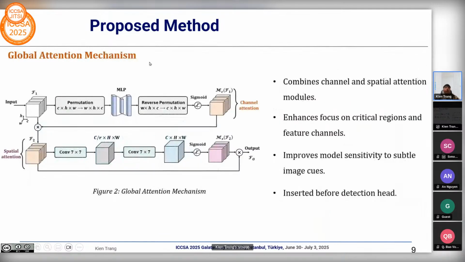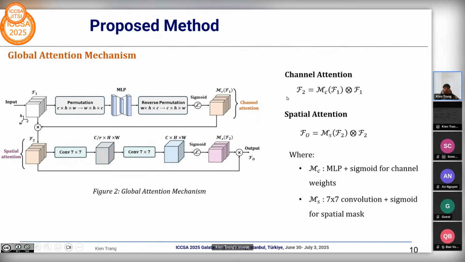And the global attention mechanism enables the model to prioritize the regions and channels that are likely to contain meaningful information. This is especially useful for medical imaging, where small variations in intensity can indicate pathologies. In GAM, channel attention is computed using multiple layers and applied on the global descriptor, generating a set of weights for each channel.